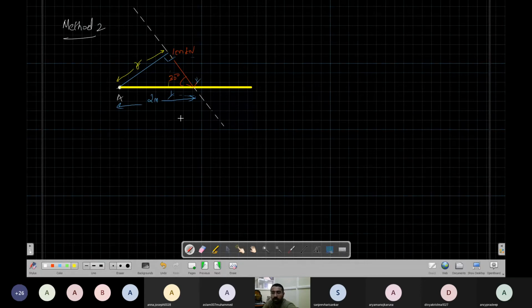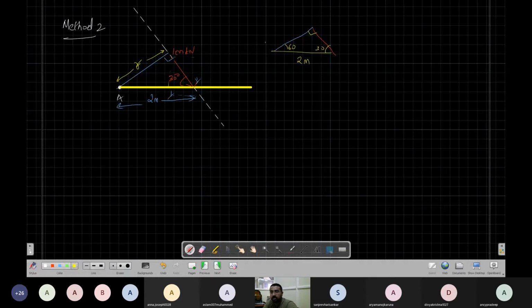What do we know? We don't know this side. We know this side, which is 2 meters. This is 30 degrees, this is 90 degrees. What is this angle? This angle is 60.